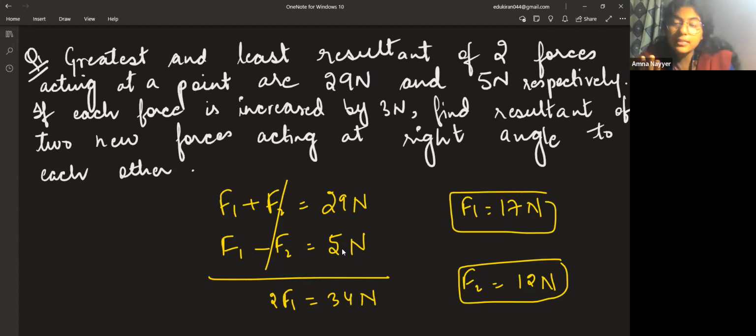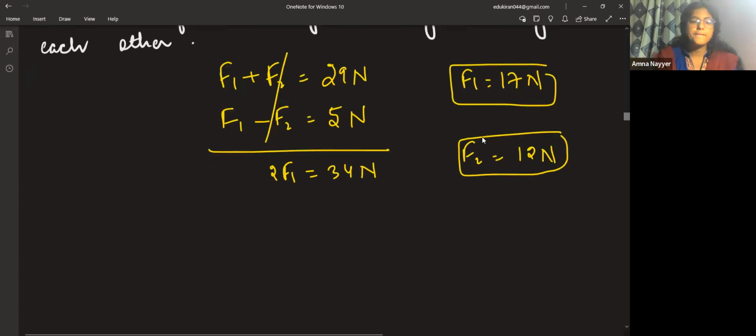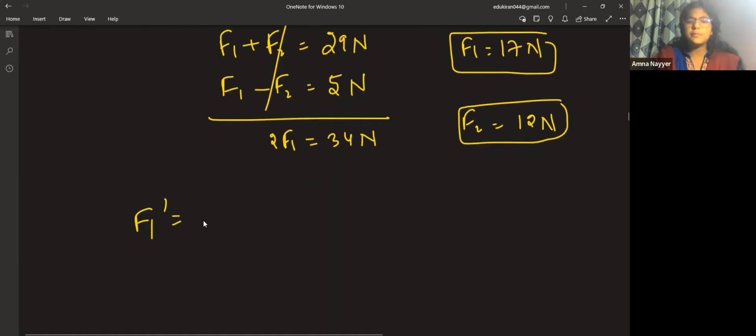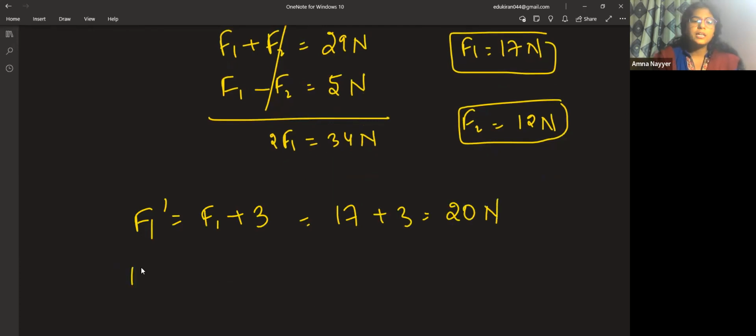Now, the third line is saying that each force is increased by 3 Newton. So that means now what is our force? Let's say F1 prime becomes F1 plus 3. If this is 17, plus 3 is 20 Newton. Coming to F2 prime, that is F2 plus 3.